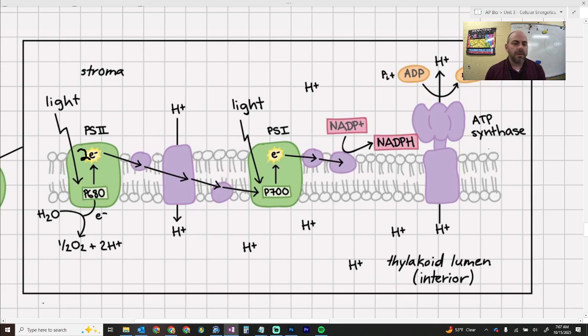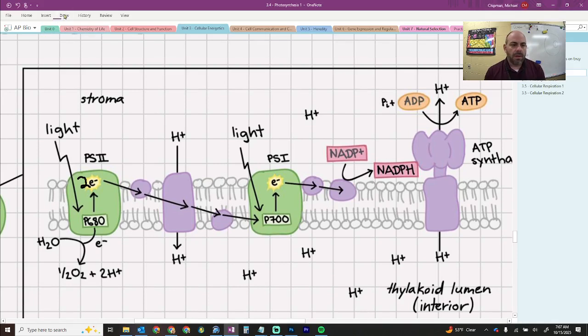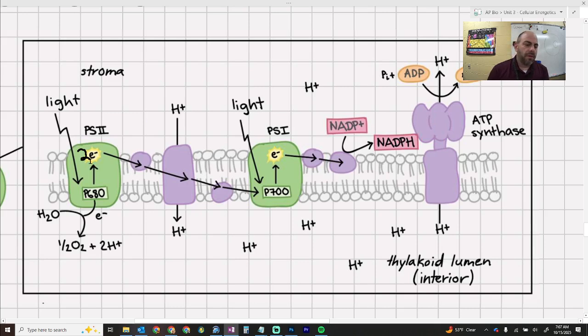All right, so light is absorbed on photosystem 2, and then that light absorbing causes those 2 electrons from magnesium to release, and they are released into this area called the electron transport chain, or the ETC.